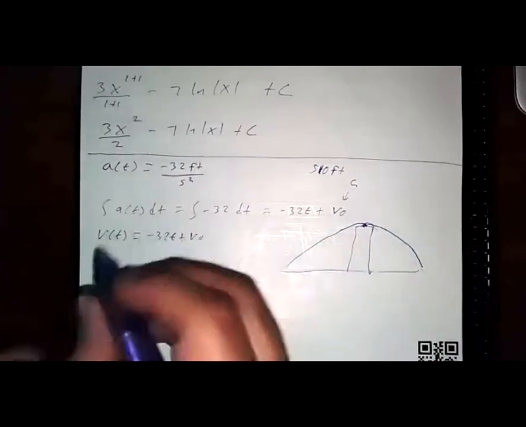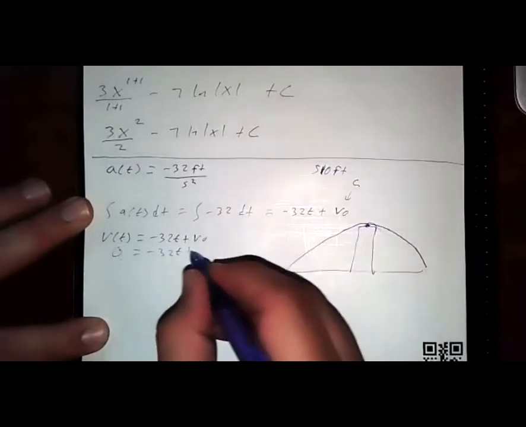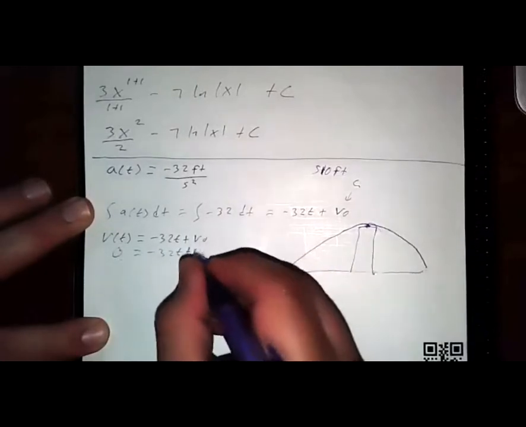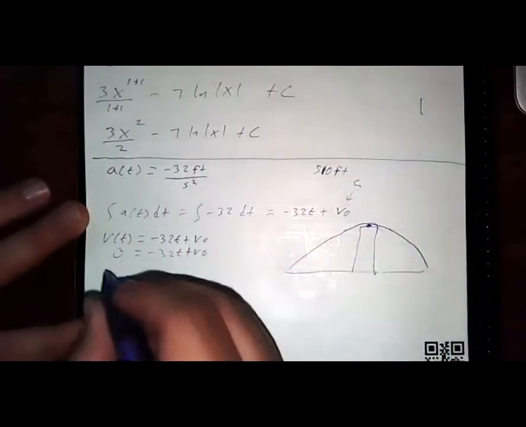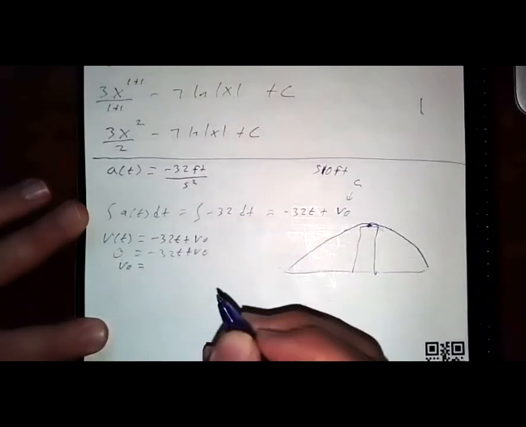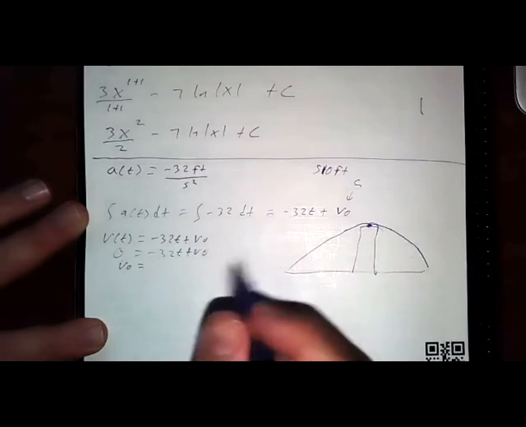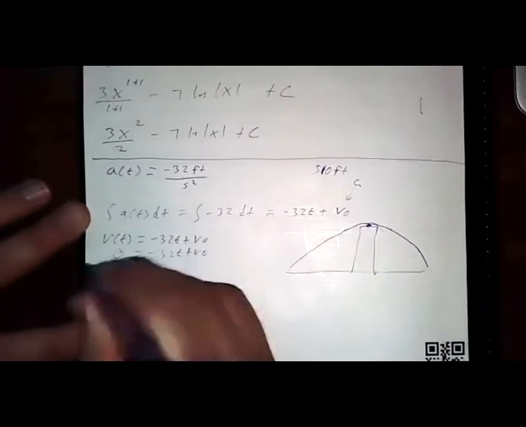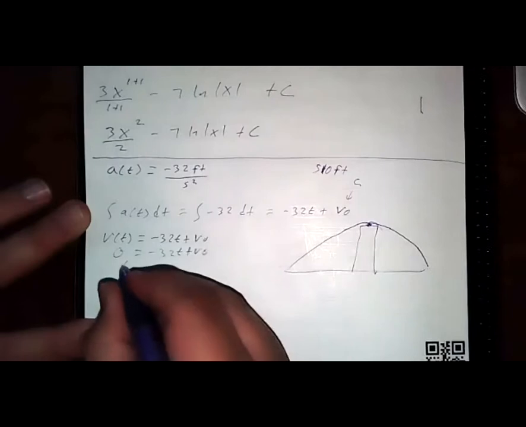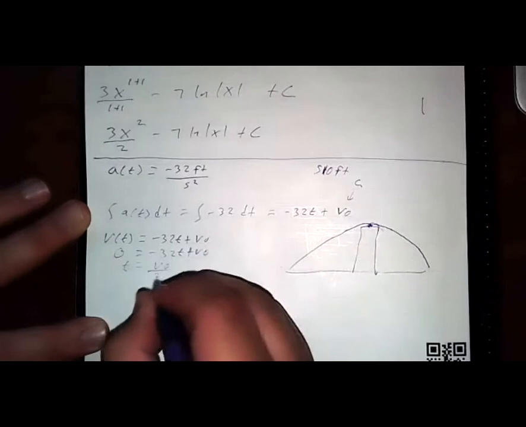So I should be able to say that this is equal to 0, and then we can solve for time. Sorry, solving for time, not v naught. Yeah, time would be v naught over 32.